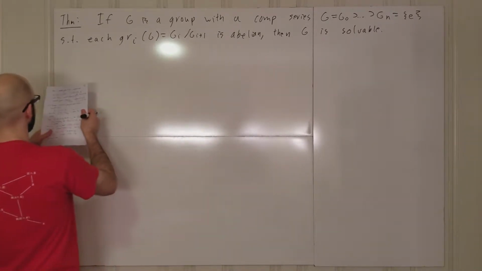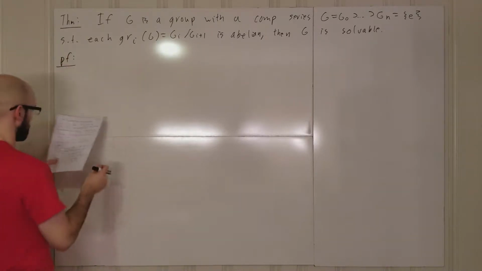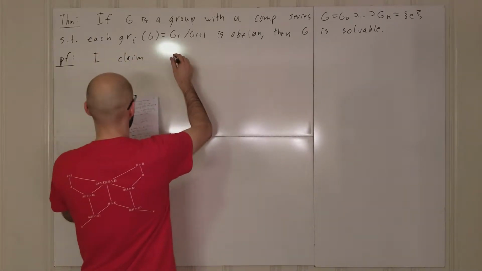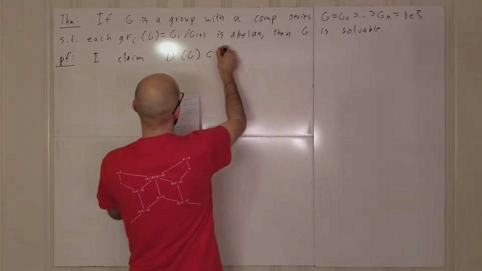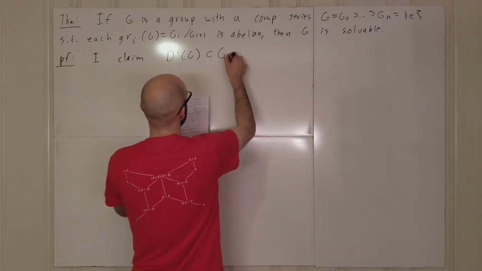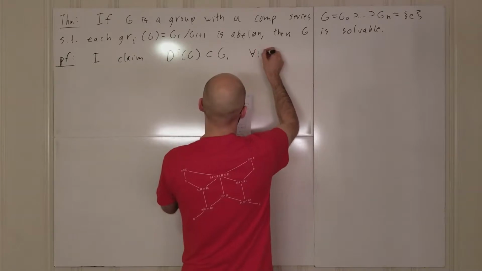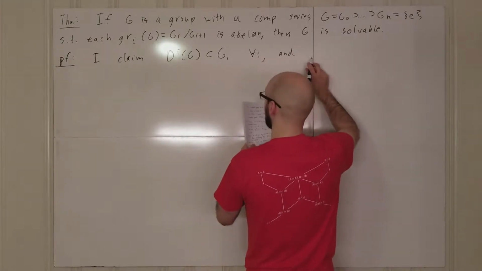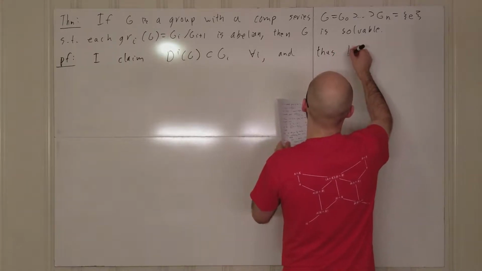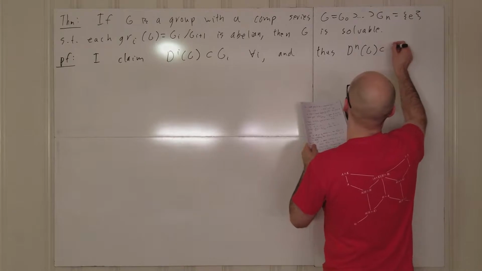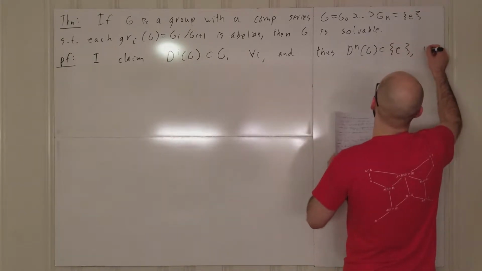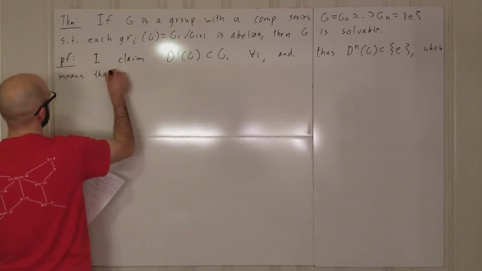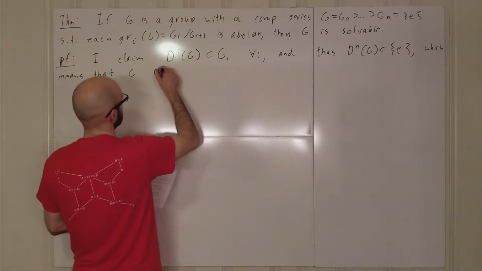So let's prove this. I claim that D^i G is contained in G_i for all i, and thus D^n G is contained in E, which means exactly what we want, that G is solvable.